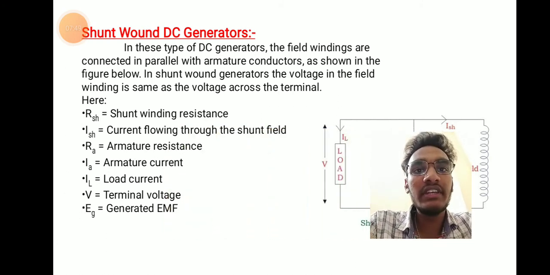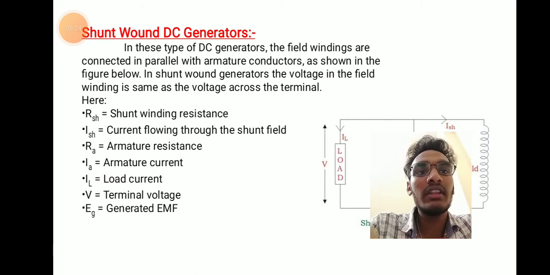Shunt wound DC generators. In these types of DC generator, the field windings are connected in parallel with armature conductors as shown in the figure below. In shunt wound generators, the voltage in the field winding is the same as the voltage across the terminal.